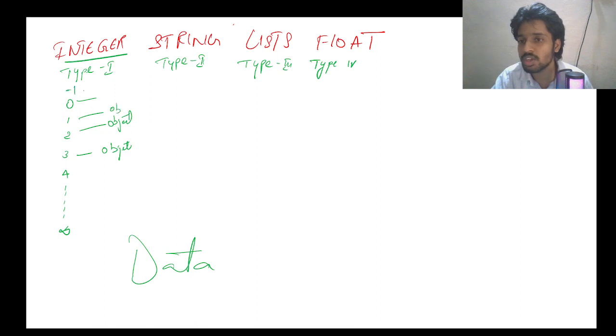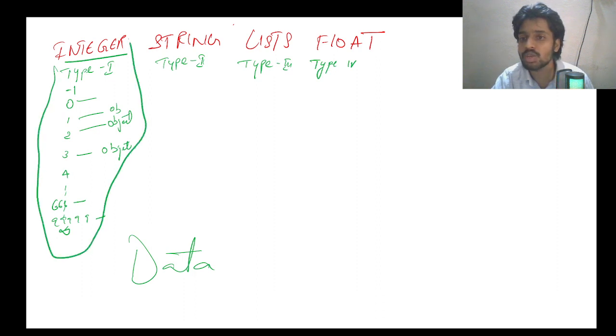Even -1 is an object. 66, 666, 999999, each is an object. Integer is a type because we are combining all this similar data into a type. So type is nothing but a group of similar items. All these integers are similar items, that's why we grouped them. Object is the real life entity.